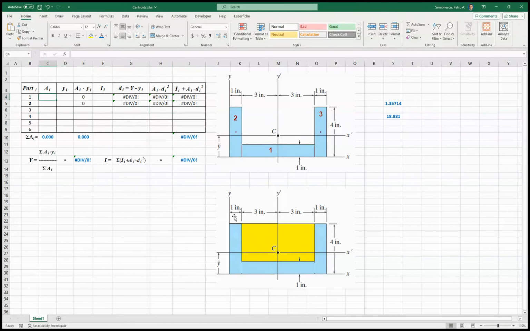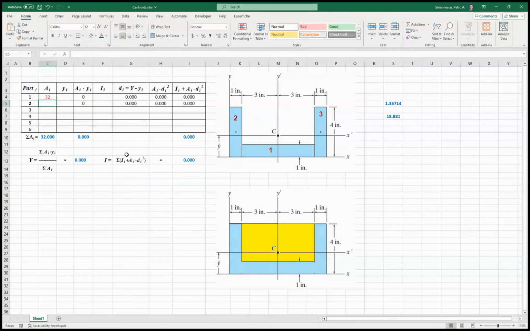Area 1 will be the full rectangle, which is 1 plus 3 plus 3 plus 1, that's 8, times 4.